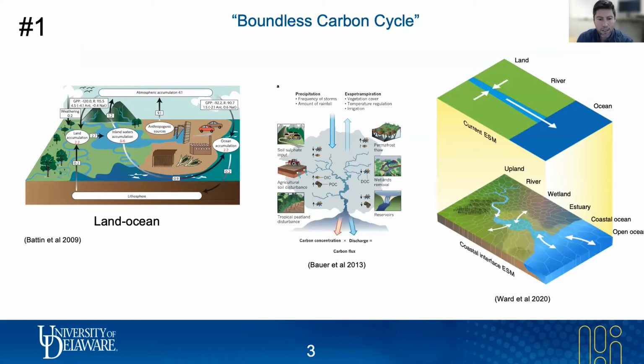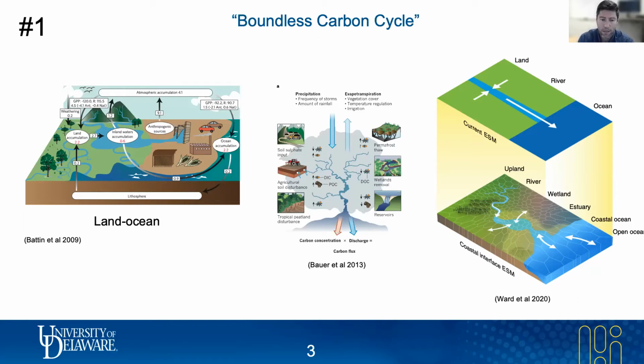The first challenge that I want to discuss is this idea of the boundless carbon cycle. And probably if you are connected in this webinar, you have heard about this idea, thinking about the connectivity between the land and the ocean. We cannot think that processes on the land are independent from the ocean. We have to think about this connectivity and this transfer of mass and energy in the Earth system, specifically in the interfaces between aquatic and terrestrial ecosystems.